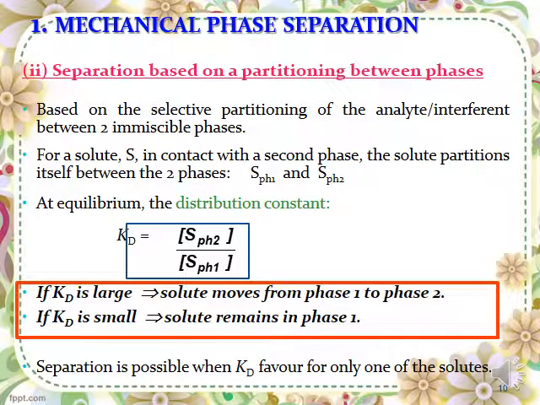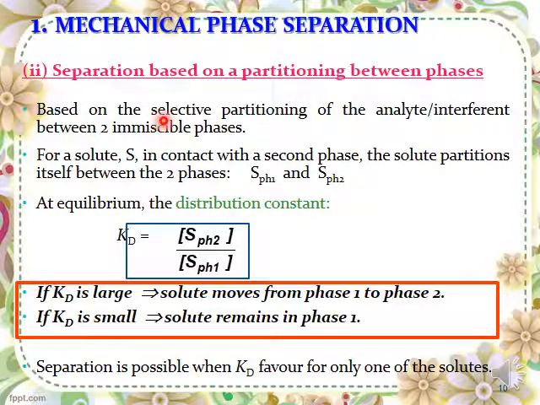Okay, the second type of mechanical phase separation is separation based on partitioning between phases. So it has to involve the analyte between two immiscible phases. This means you must have two phases which are immiscible with each other.